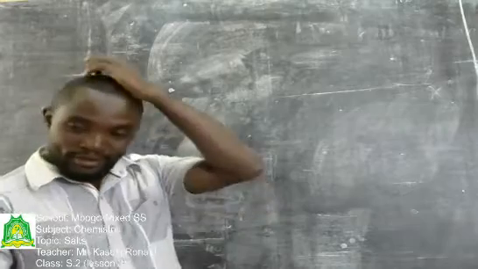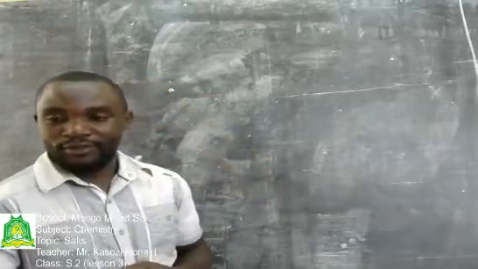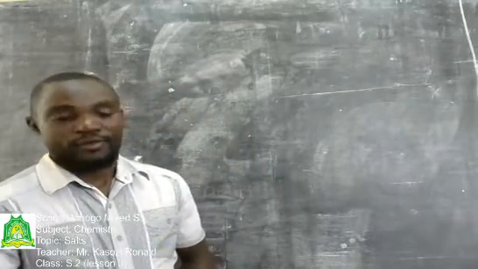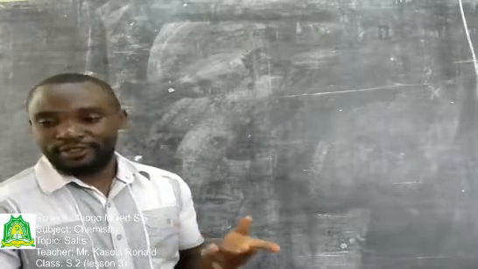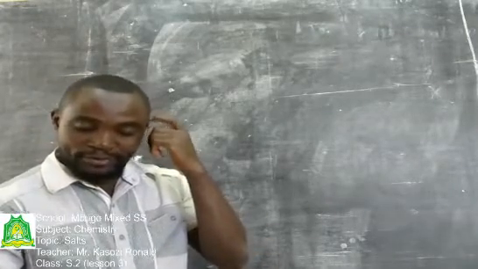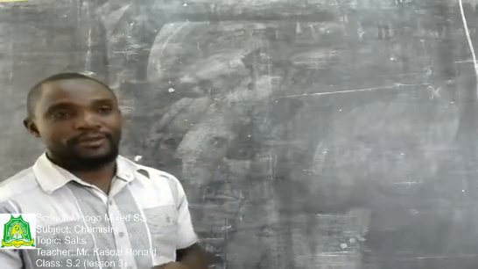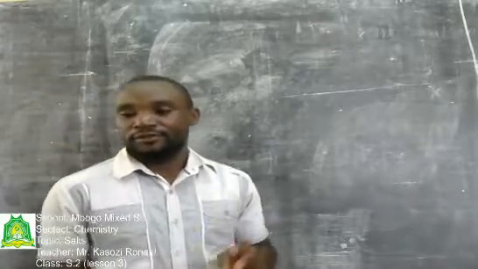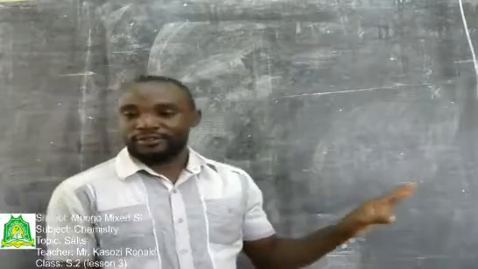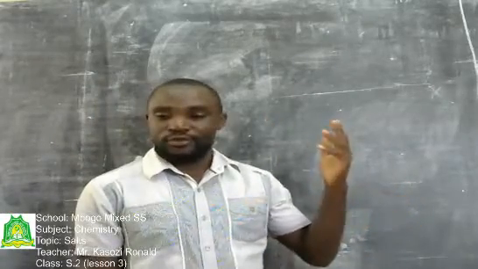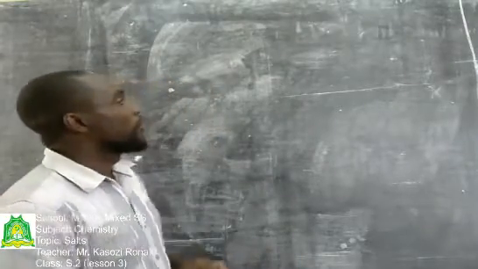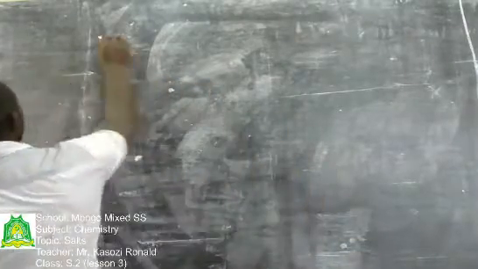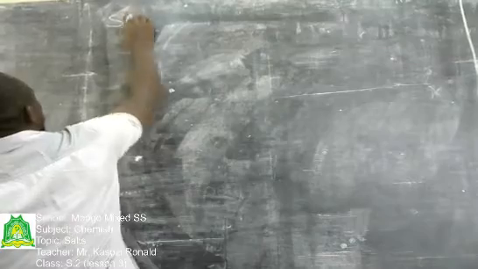Let us get out our notebooks and we continue from where we stopped. In the previous discussions we talked about acids, bases, and alkalis, and now we are going to discuss salts.